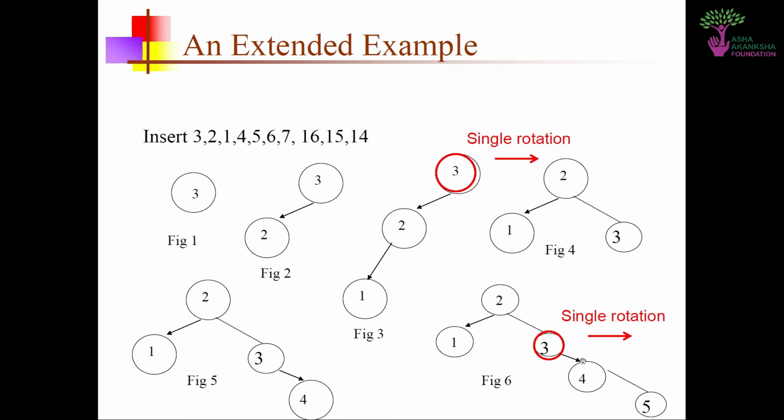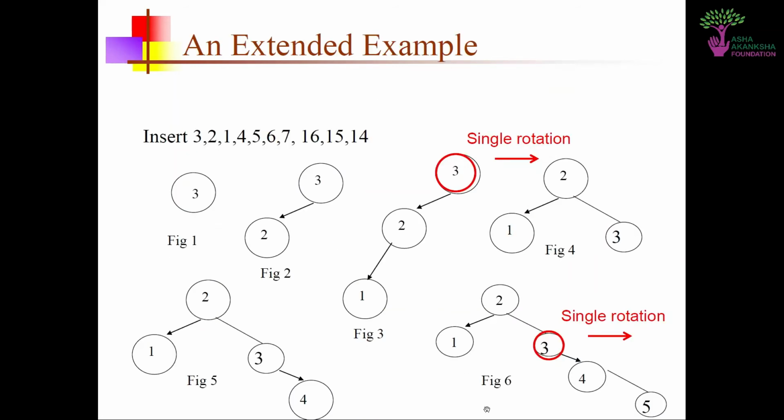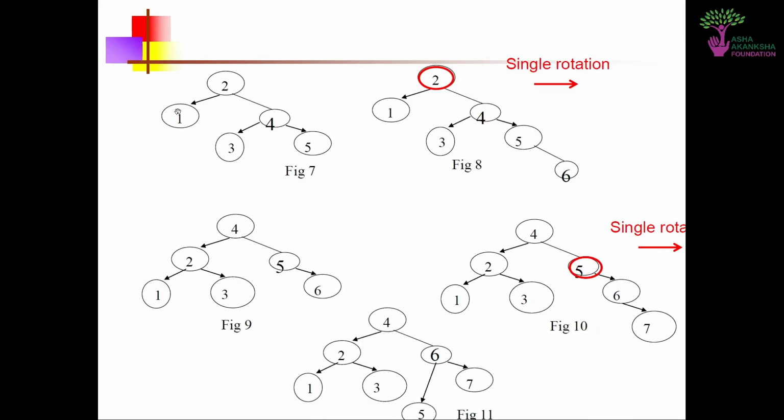The right child of 3 is 4 and the child of 4 is towards the right. So this is the right of right case, and we have to perform a single rotation to the left. We are rotating everything towards the left at node 3. So 1 and 2 will not change, but everything at 3 we are rotating to the left. It will look something like this, where 4 becomes the root node of this subtree, with 3 to the left and 5 to the right.